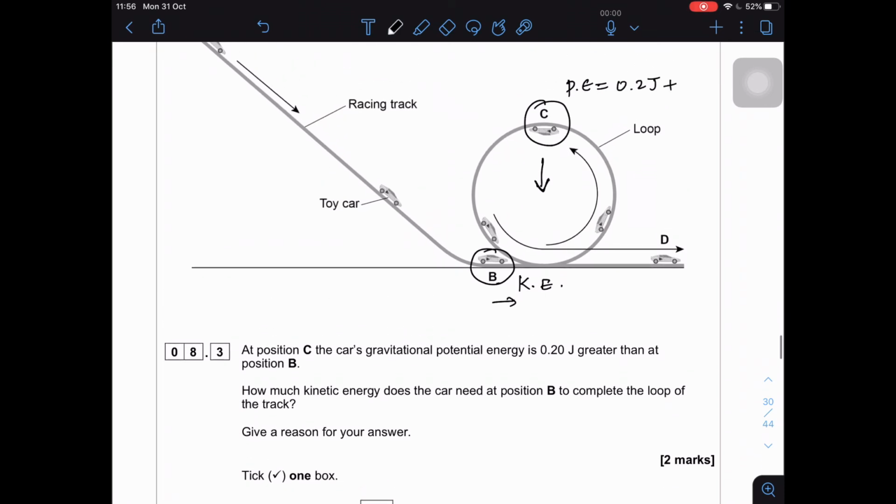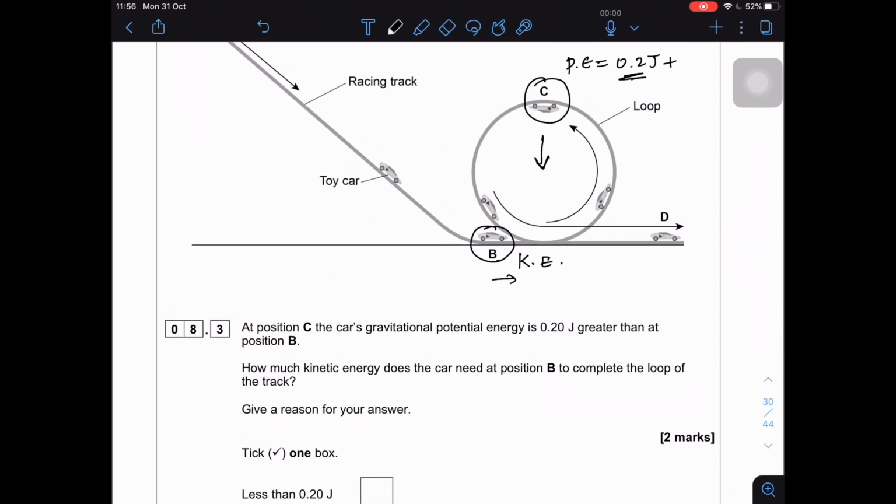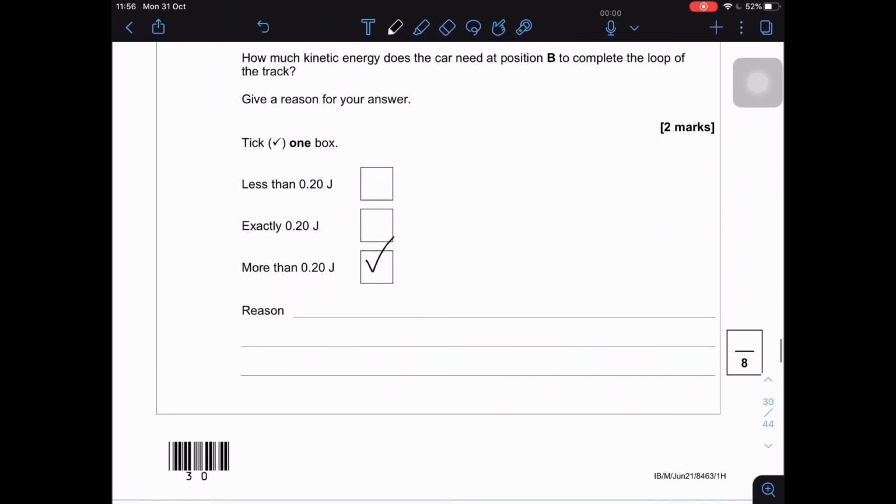So in order for this car to go through this whole loop, should it have more than 2? Yes, definitely. Otherwise, if it has less than 2, this car will fall down. Because the gravitational potential energy, the energy that's pulling this car down, is 0.2 joules. So you need to have much more than 0.2 joules.